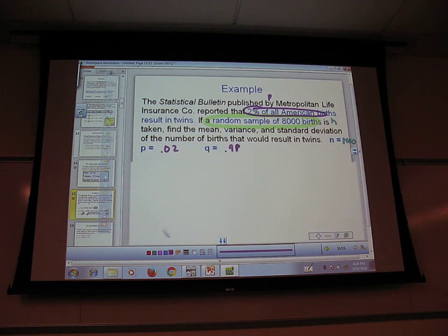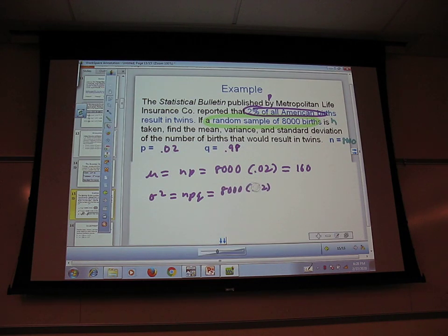So my N is 8,000, my P is 0.02, so my mu, my mean, is going to be NP, which is 8,000 times 0.02, 160. My variance, NPQ. Well, I'm going to do it the shortcut way.